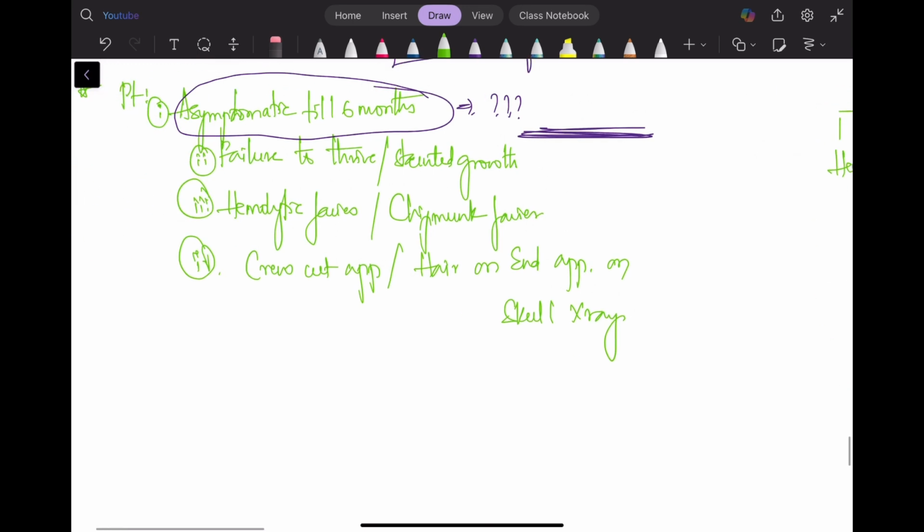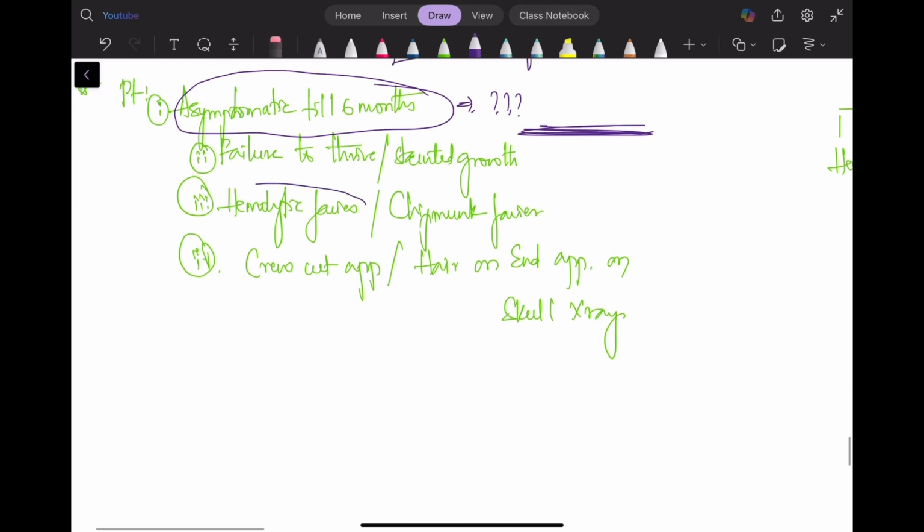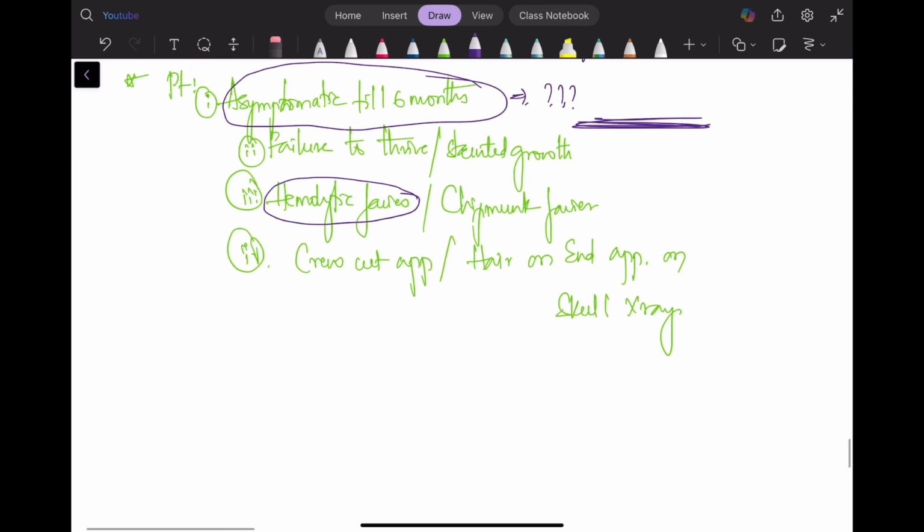So hemolytic phases we'll discuss in a bit more detail, right? Hemolytic phases, what all happens, how the baby looks like.